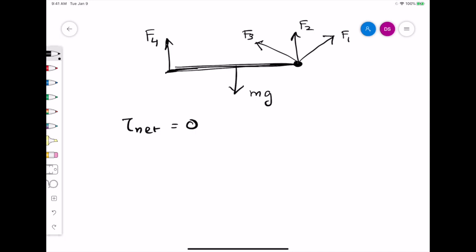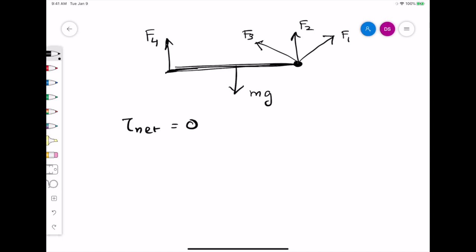It does not necessarily have to be the pivot point about which the system is rotating. So that leads to the question: which point should you choose as your reference point?